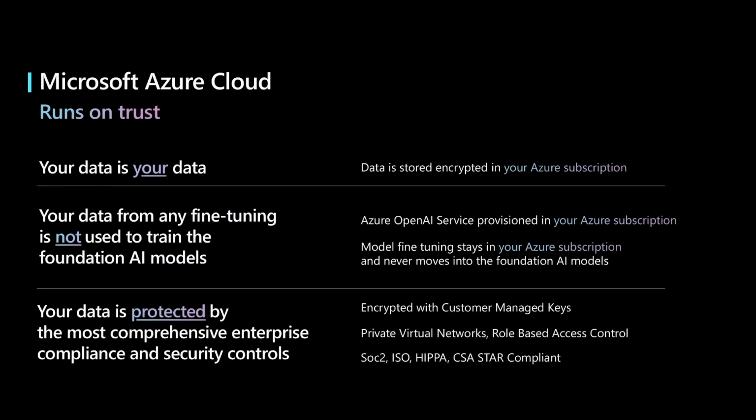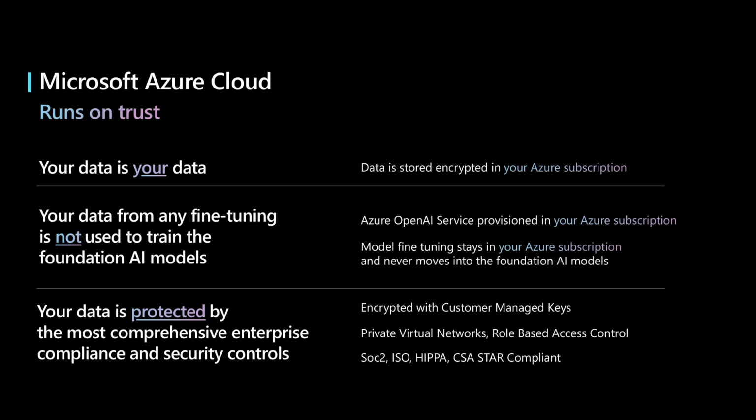I wanted to make an important note on the usage of data. So any of the data that you use through the API with the Azure OpenAI service, or the data that you use for fine-tuning a model, will be stored encrypted at rest within your organization's subscription. So the data is always under your control, and the data is not going to be used to train any of the OpenAI models that are going to be available within Azure OpenAI service.